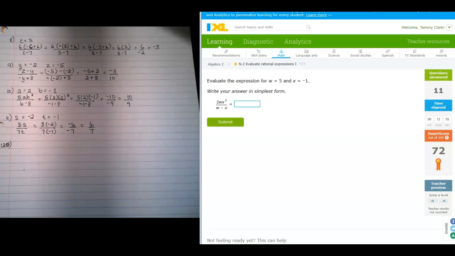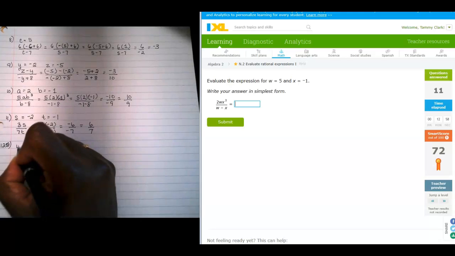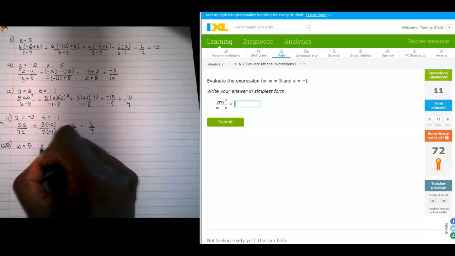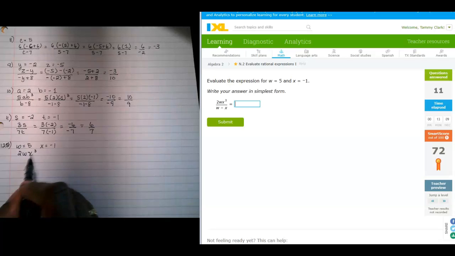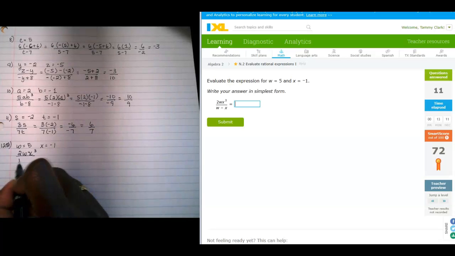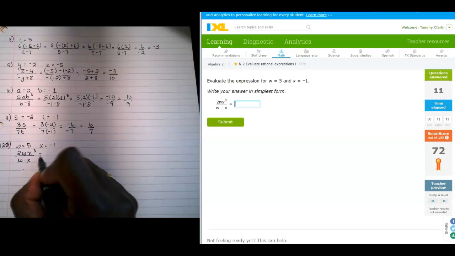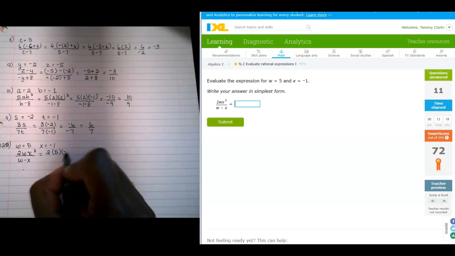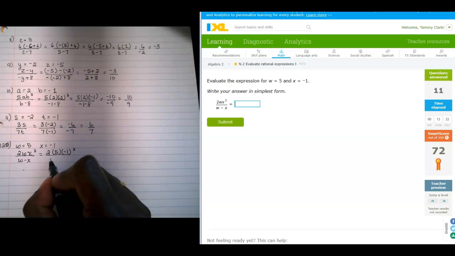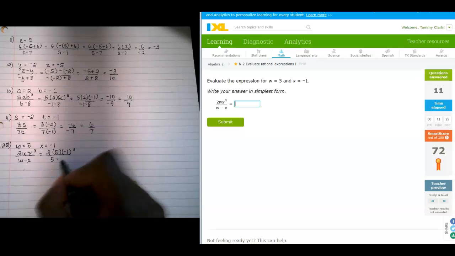This one's number 12. We've got W is equal to 5 and X is equal to negative 1. So we've got 2WX cubed. So that's 2 multiplied by W multiplied by X cubed divided by W minus X. So 2 multiplied by 5 multiplied by negative 1 cubed divided by 5 minus, again, X is negative 1.